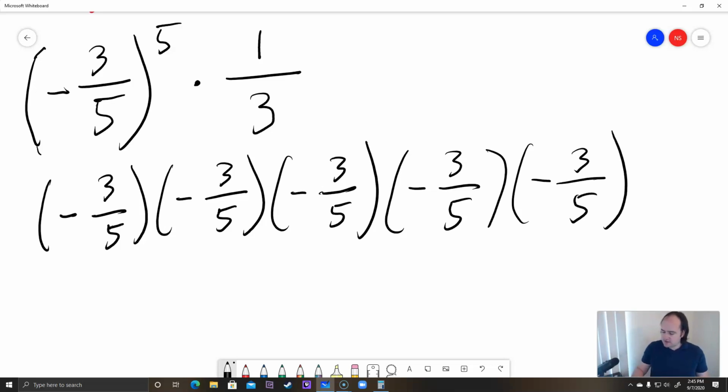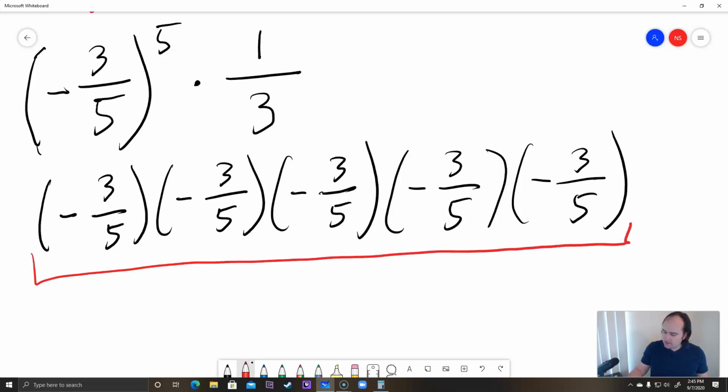Okay, there's a total of 5 of those. Why is there a total of 5 of them? Well, because the exponent is 5. So that appears 5 times, because the exponent of the negative 3/5 was 5.